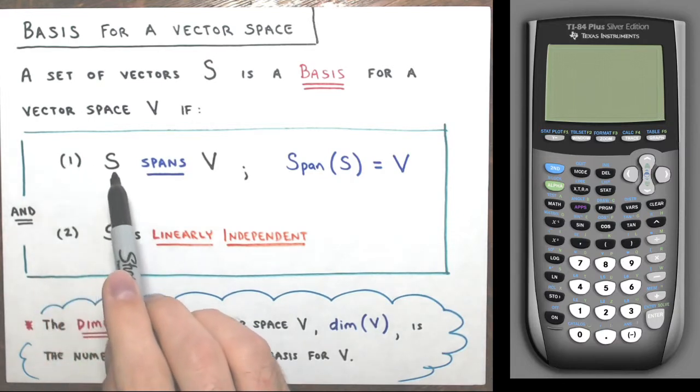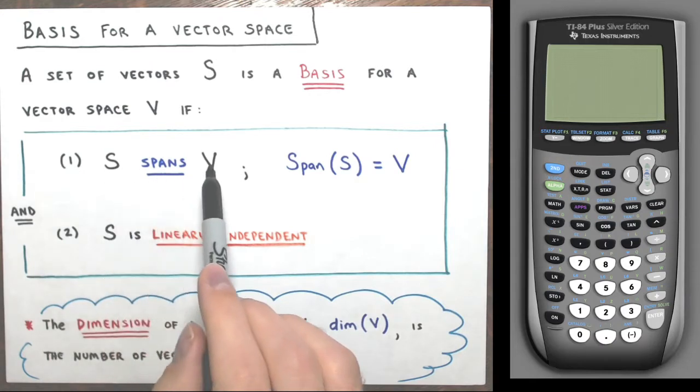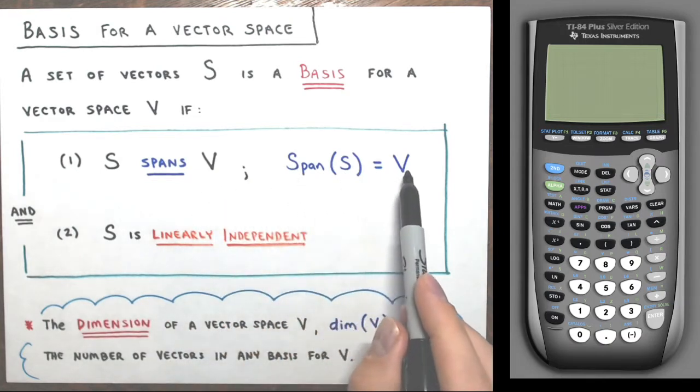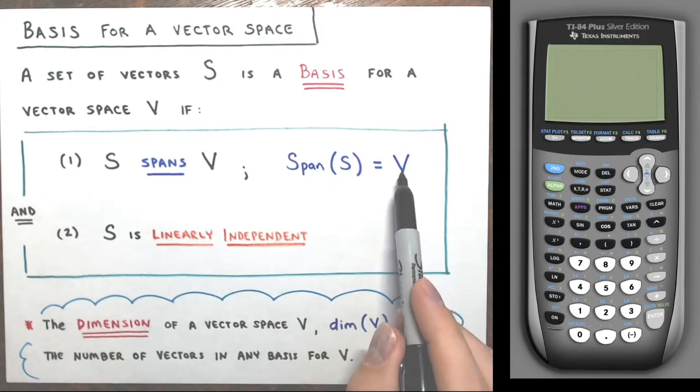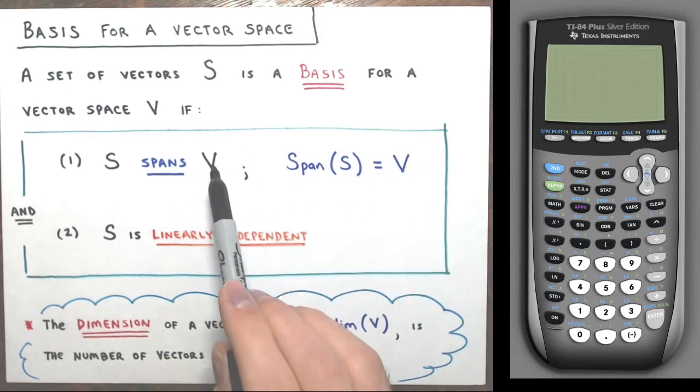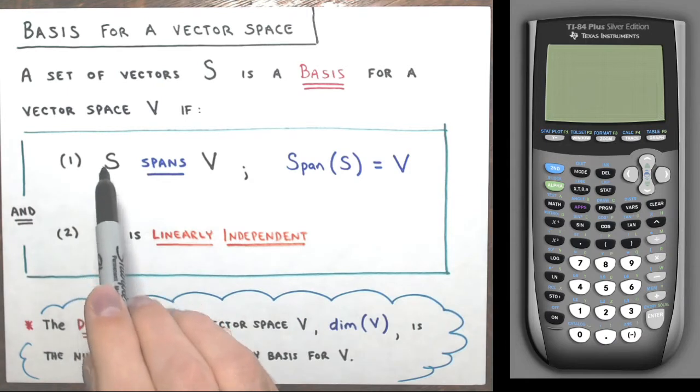One, the set of vectors S spans the space V, or you could say that the span of S equals vector space V. All this means is that any vector in V can be written as a linear combination of the vectors in S.